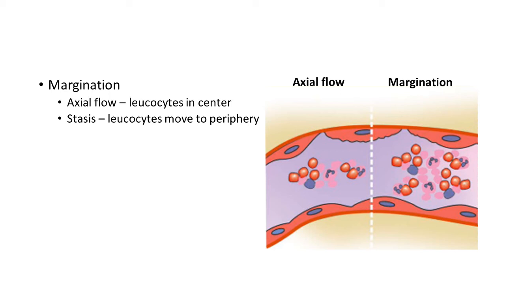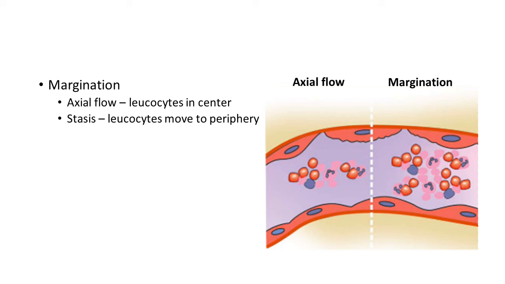Axial flow refers to normal flow of blood in normal conditions. The normal axial flow consists of a central stream of cells, which comprises the leukocytes and RBCs, and a peripheral cell-free layer of plasma close to the vessel wall. In inflammation, as we saw, slowing and stasis of blood occurs.